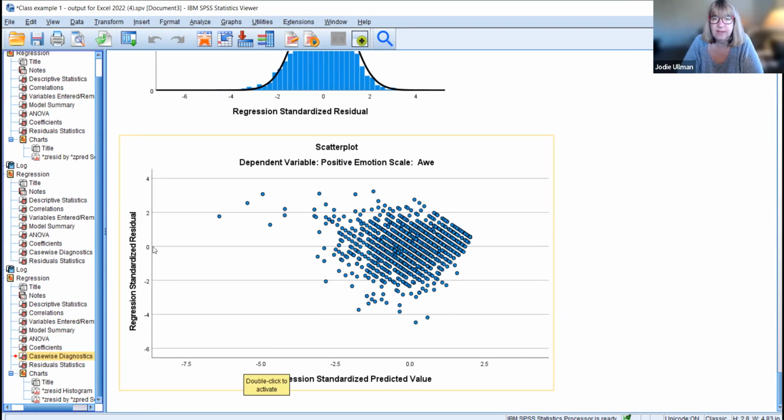So what do you think about these residuals? Remember, these are z-scores. The residuals range from a little over -4 up to about 3 or so.